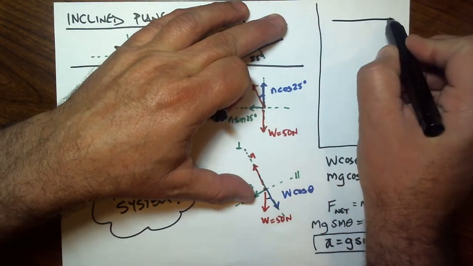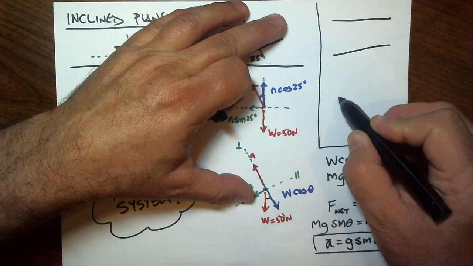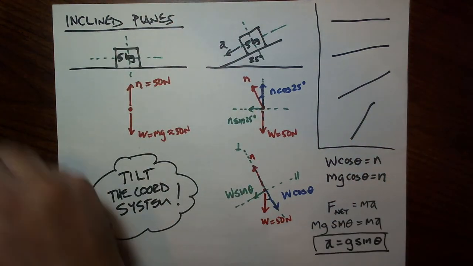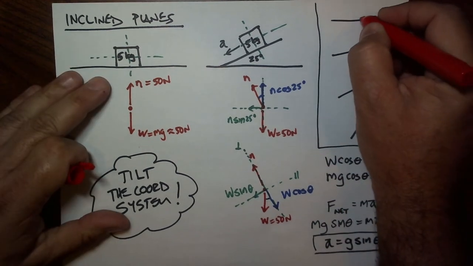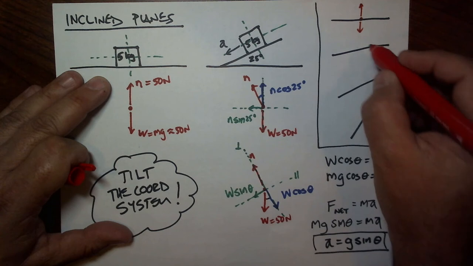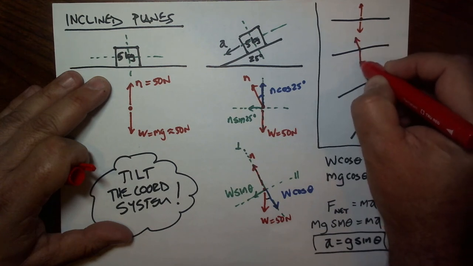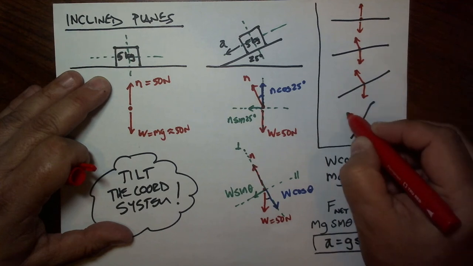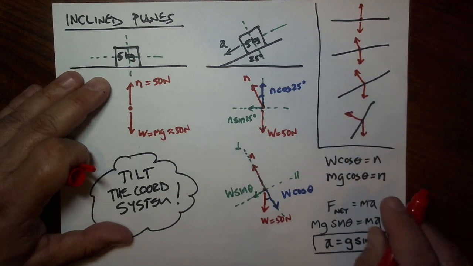We can go from flat to slightly tilted to seriously tilted to, oh my God, almost devastatingly tilted. And if we do so, we see in the flat case that these two are opposite each other, and the normal force moves a little away from weight in this case, and a lot away from weight in this case, and as they used to say, hella away from weight in this case.